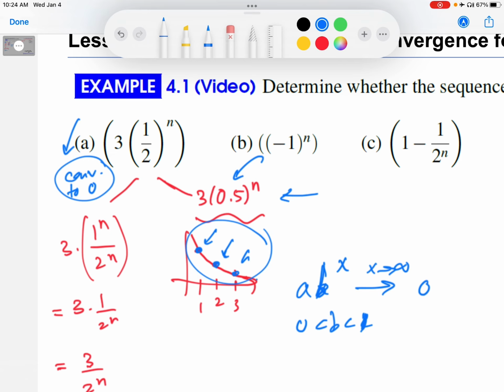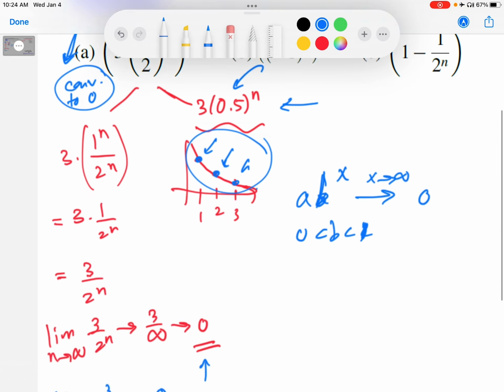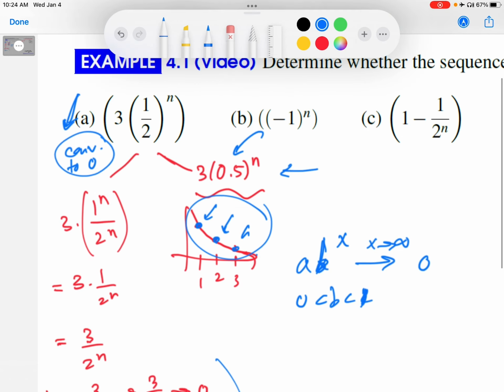That's what exponential decay means. So again, we get the same conclusion in a very different way. This isn't really using the theorem. This is really just using the pre-calculus of exponential functions and knowing the difference between exponential decay and exponential growth based on the base value.